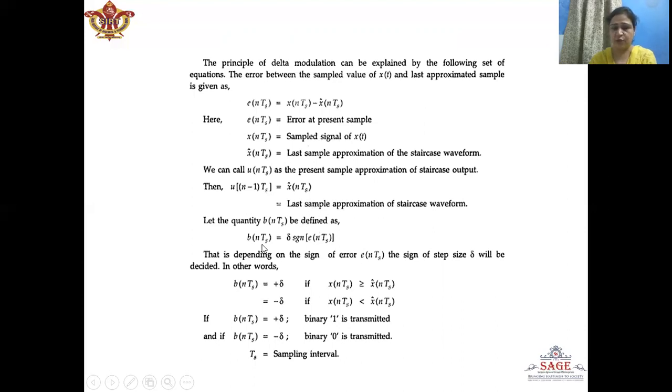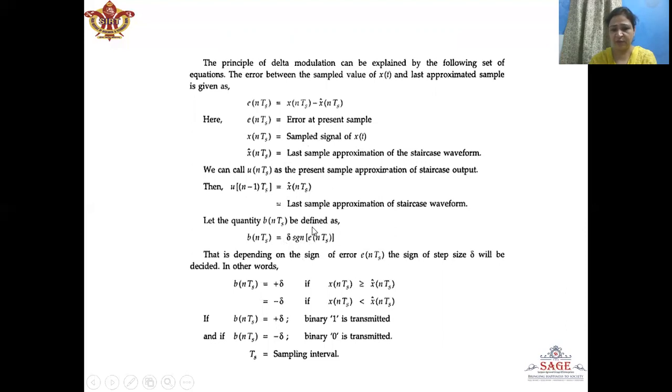As I told you, b(nTs) is given by plus or minus delta, so it can be represented as delta times signum of e(nTs). We know that signum can take either value +1 or -1.